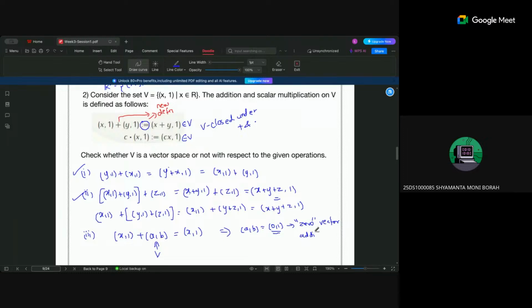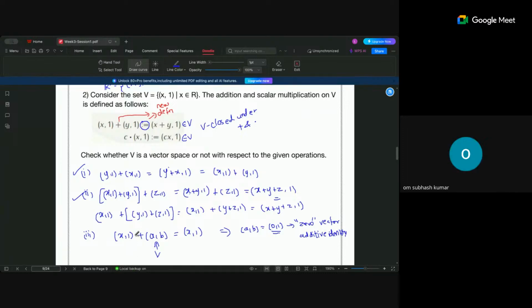Got it? The zero vector does not always mean just the origin. It depends on your vector addition and scalar multiplication, so it will vary from case to case. Exactly, it depends completely on the way your addition and scalar multiplication are defined.